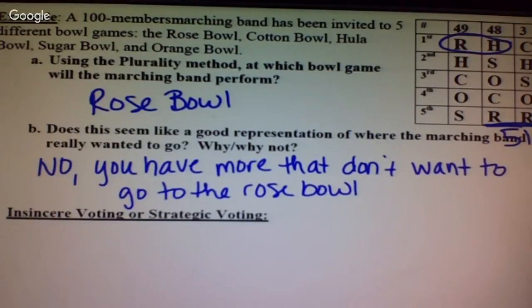Or you're going to pick one that you think everybody else is going to want instead of who you truly want because you don't think your candidate's going to win. So that kind of causes this bias. Not to mention the Electoral College. So insincere voting is voting for someone just because you don't think your candidate is going to win.